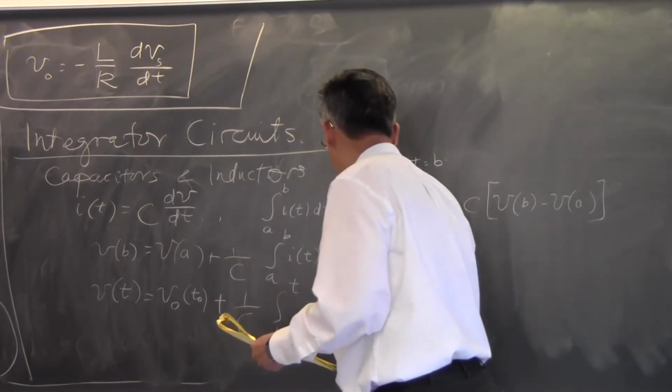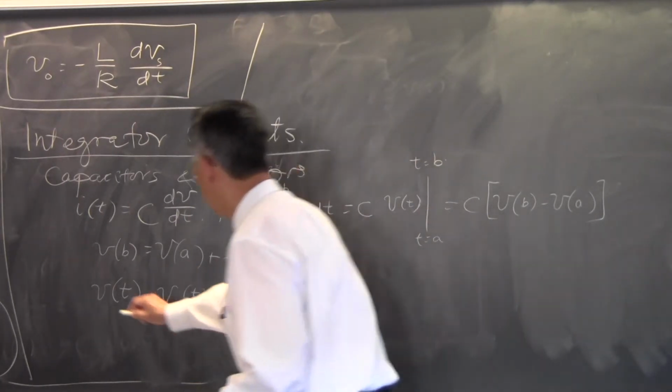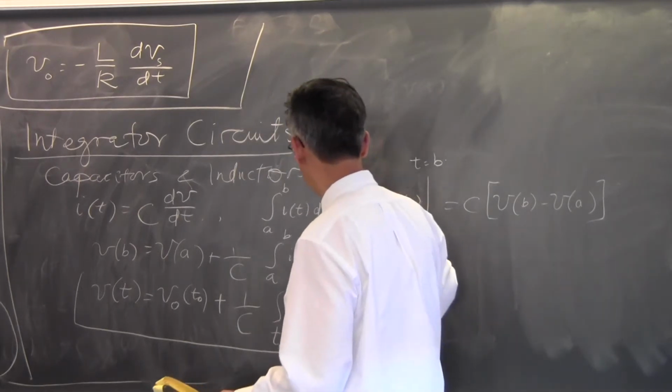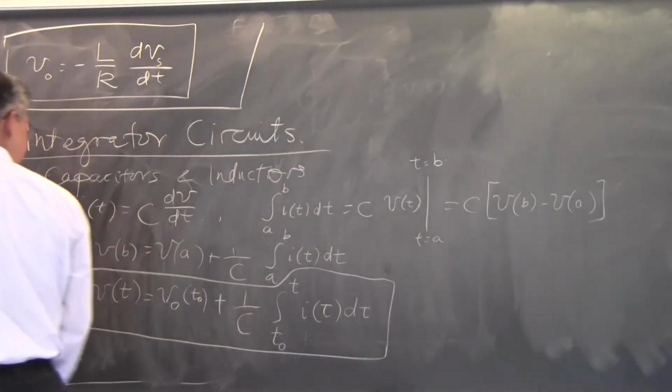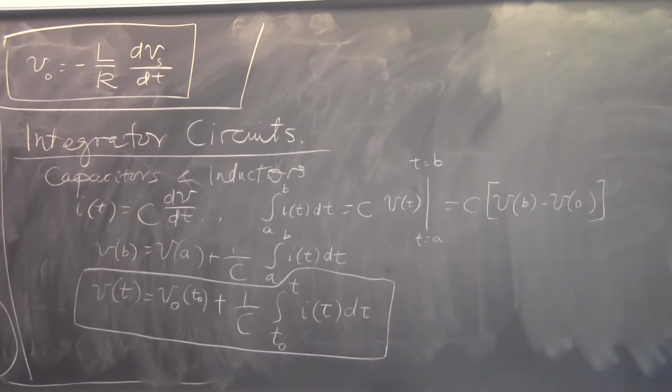Since this is just a dummy variable, I can rewrite this equation in this manner so that it's valid for all t. Let me see what notation the book used so that I use the same exact notation here as is used in the textbook.